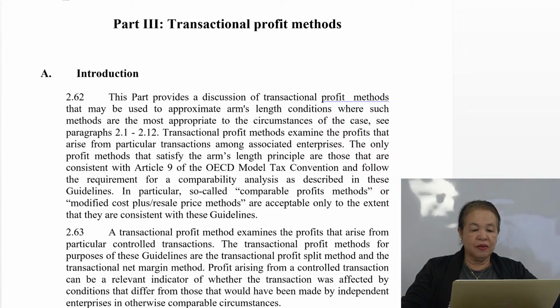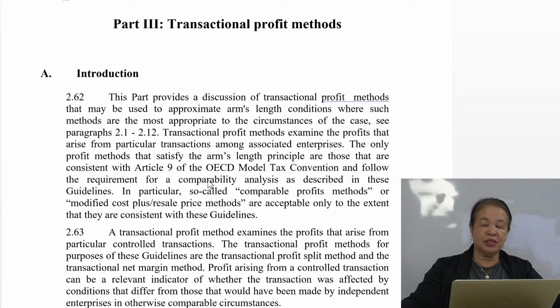So, if they are not the same as the independent enterprises' commercial and financial transactions, then the transaction is not arm's length. No? And what are we trying to arrive at in the study of transfer pricing? We want to arrive at the arm's length price.